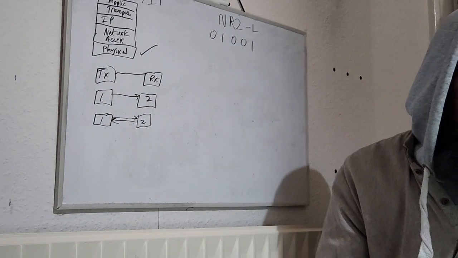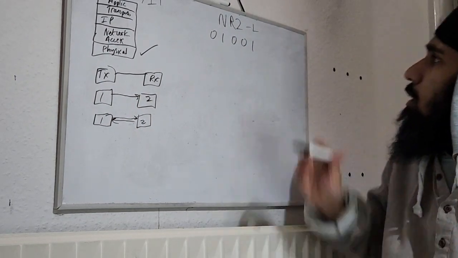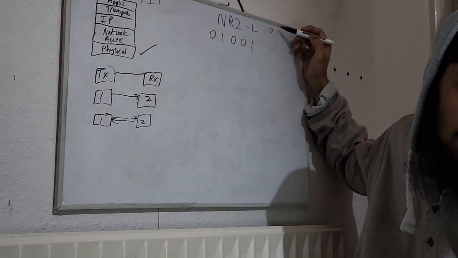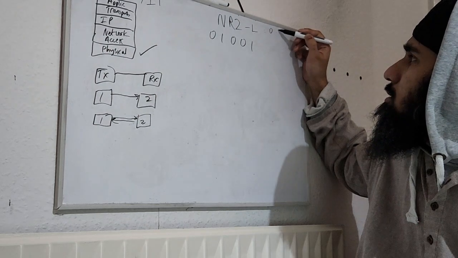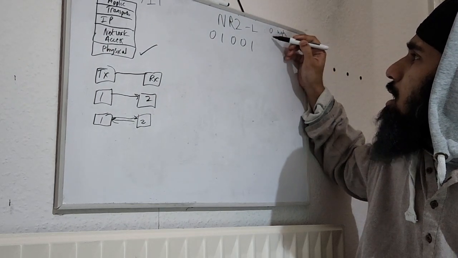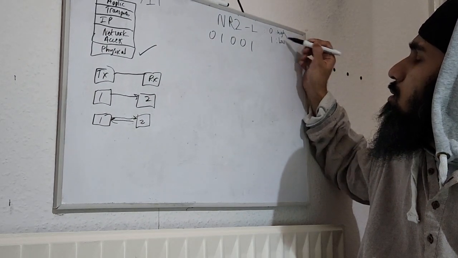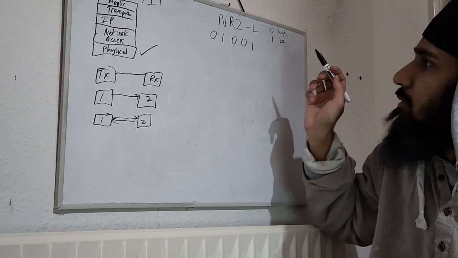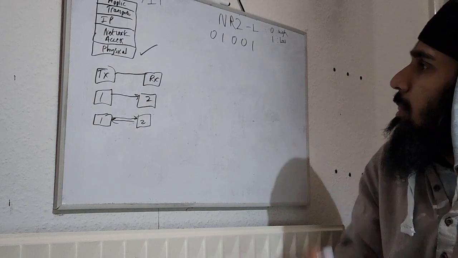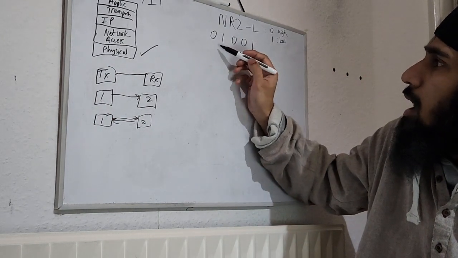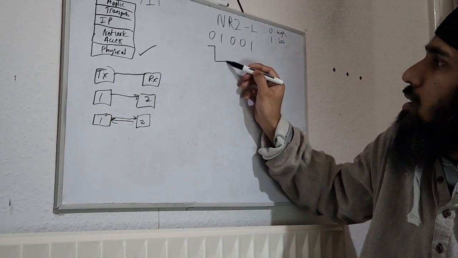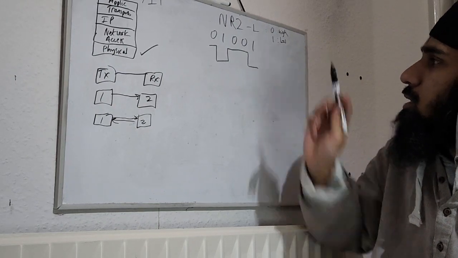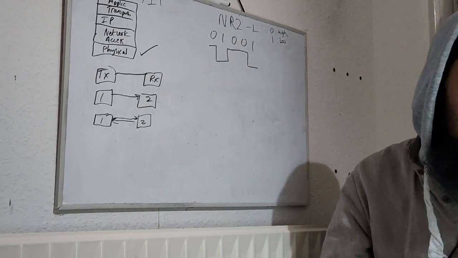Non-return to zero level means that 0 is high and 1 is low. So you're sending 0 1 0 0 1: 0 we said is high, 1 is low, 0 is high, and 1 is low. That is the signal that we're transmitting.